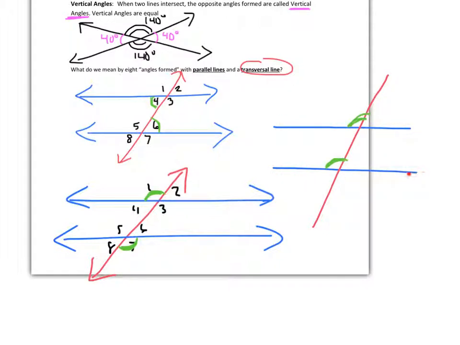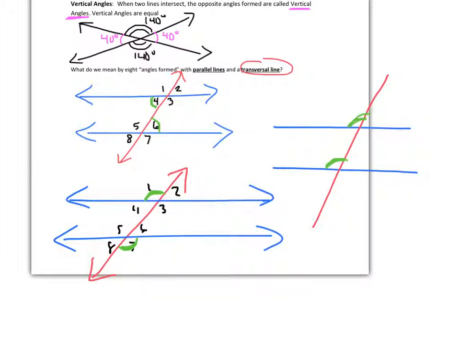If these lines are parallel, and it's intersected here, this opening is the same thing as this opening. And there are a lot of corresponding angles here. There's this one and this one, so that would be 2 and 6. I mean, there's a bunch.